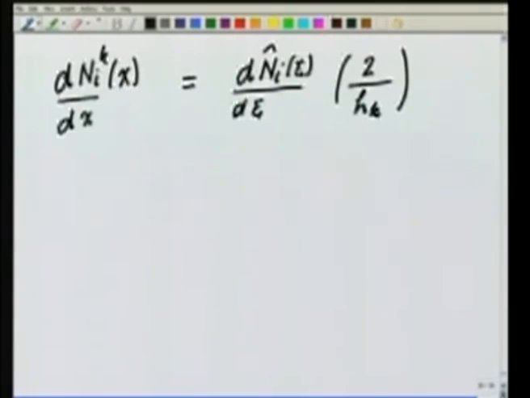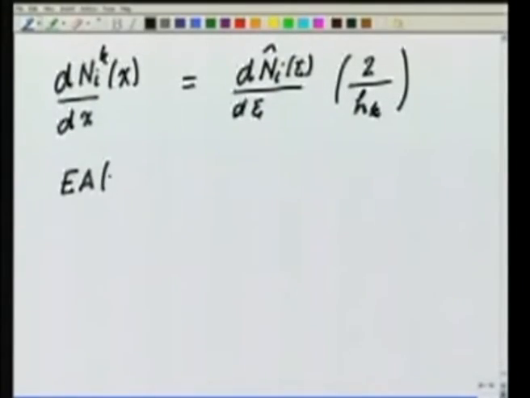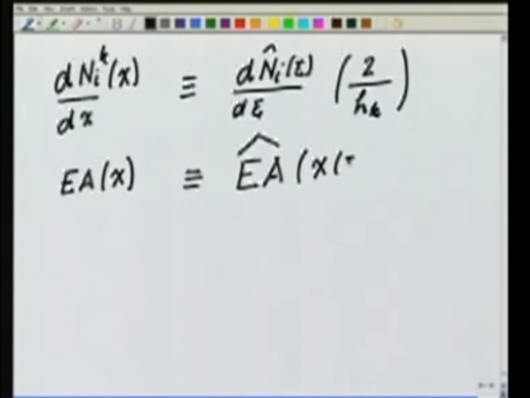So, once I have done this transformation, then we have to also do the further transformations, that EA of x, because the material constants could be different, EA as a function of x is equivalent to EA hat, a function of psi. What does this mean?